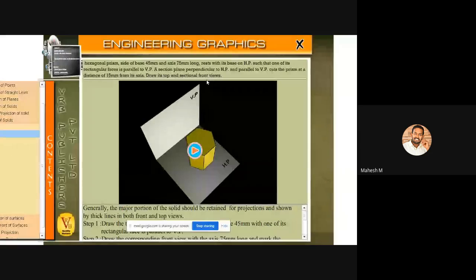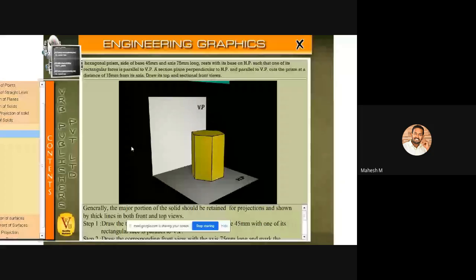So I'm going to play this video right now. Now you can see the section plane.